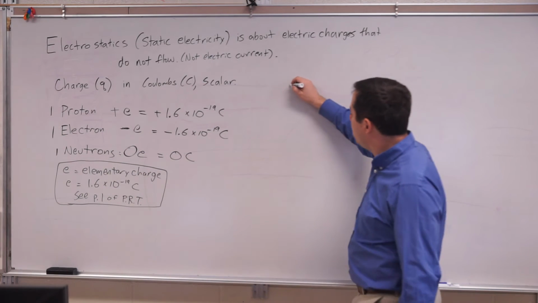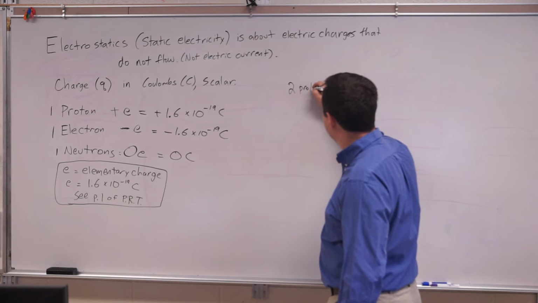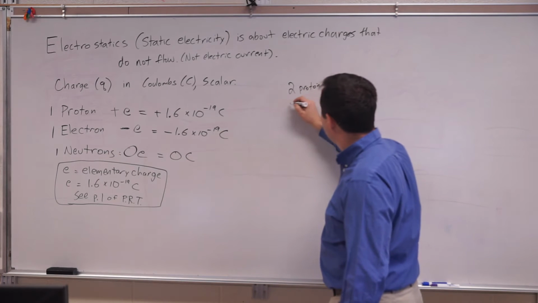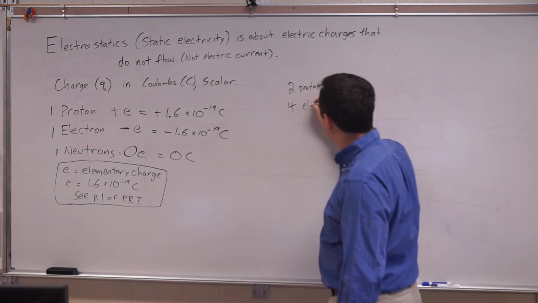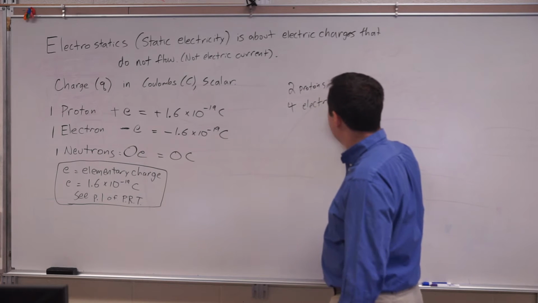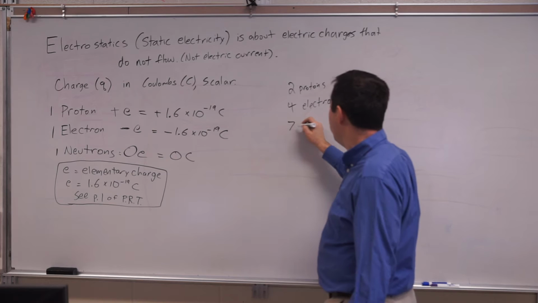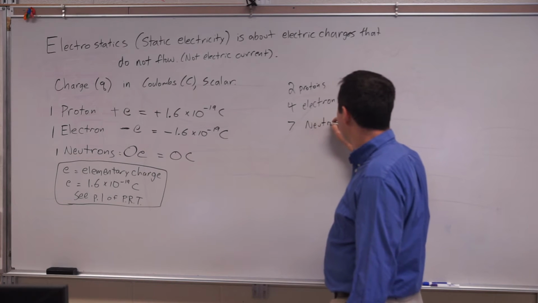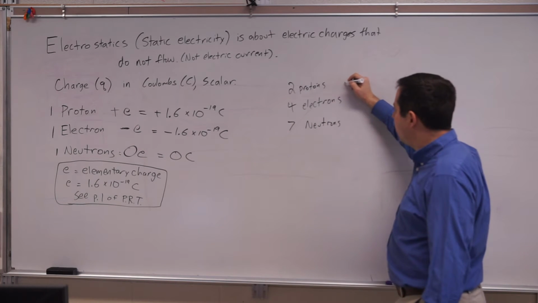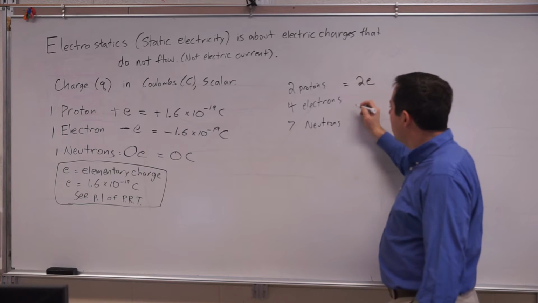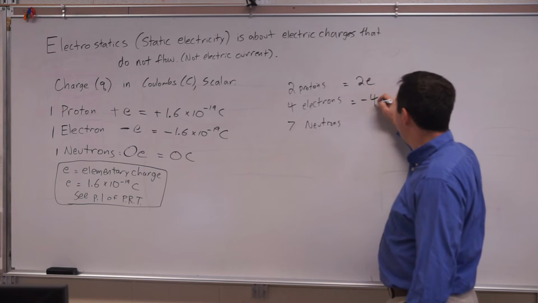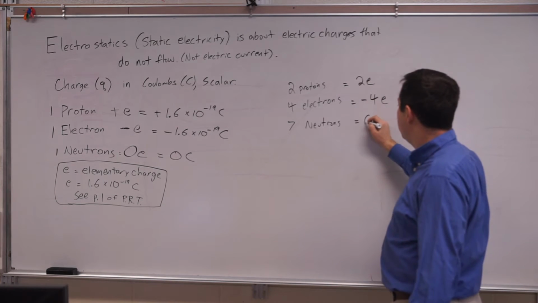So for example, if you have 2 protons, 4 electrons, and it doesn't matter how many neutrons, let's just say 7 neutrons. The total charge of 2 protons is 2e, 4 electrons is negative 4e, 7 neutrons is 0.